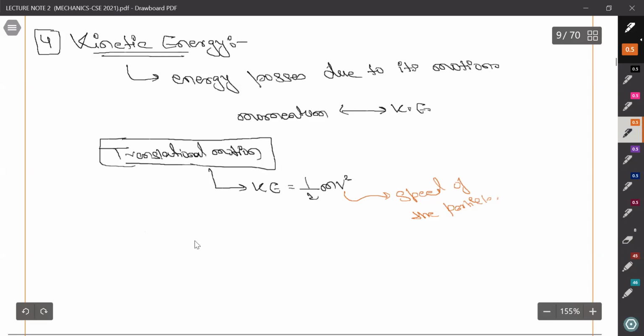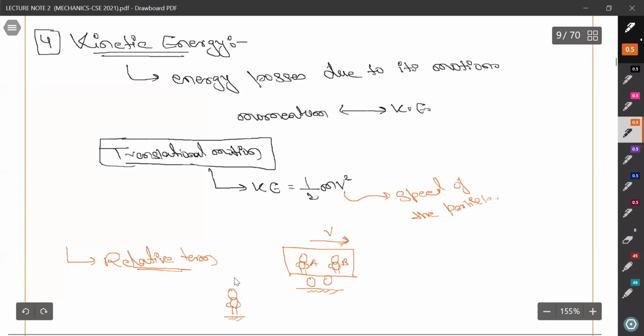Also, this kinetic energy is a relative term, because speed itself is relative. For example, A and B are moving with velocity v, and a person C is here, let's suppose.